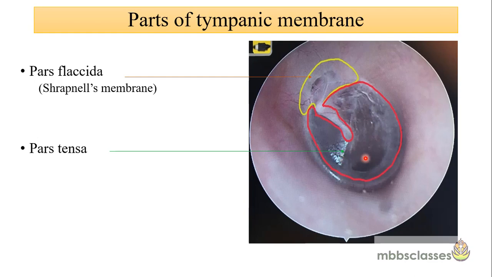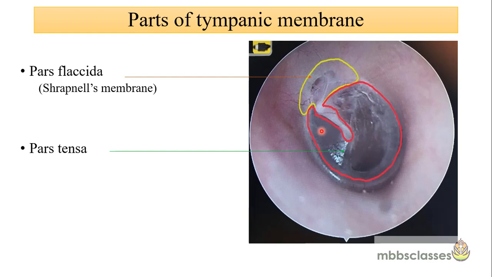First is the presence of the fibrous layer in the pars tensa, and second is due to the attachment of the handle of the malleus, which provides its strength. But in case of the pars flaccida, which lies above this pars tensa, the fibrous layer is absent. In this area of the pars flaccida, the bony tympanic annulus is absent.